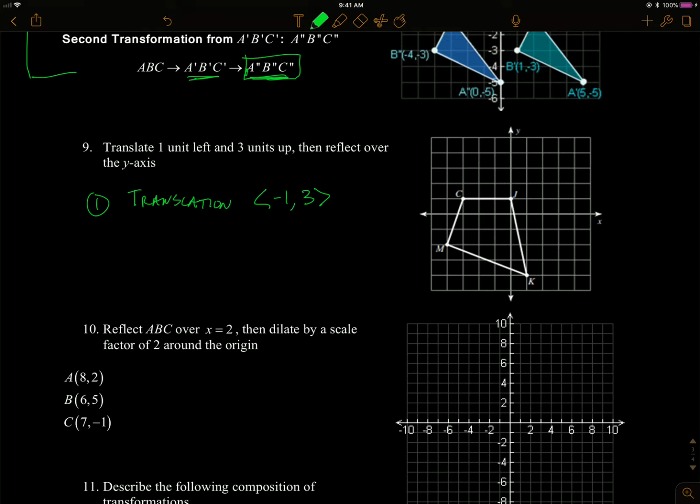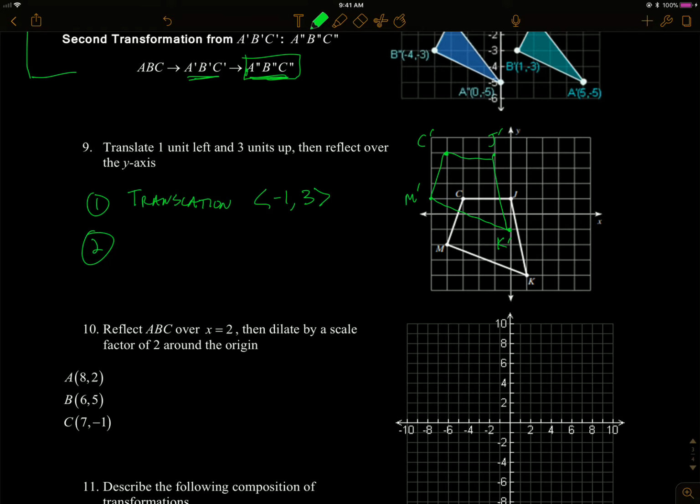So we're going to translate by that vector, 1 unit left and 3 units up. So that's C prime, that's J prime, that's M prime, that's K prime. So that is my new image after one of the translations.